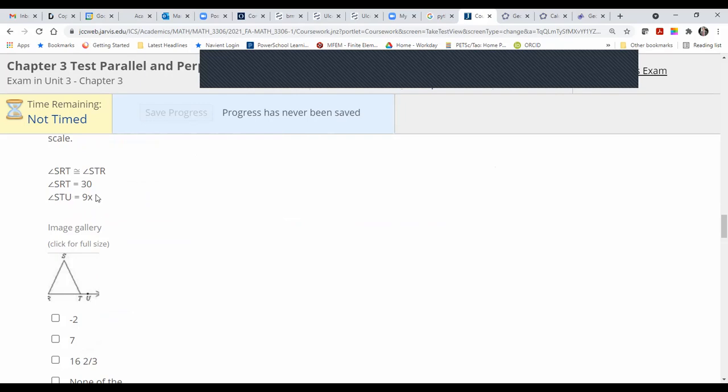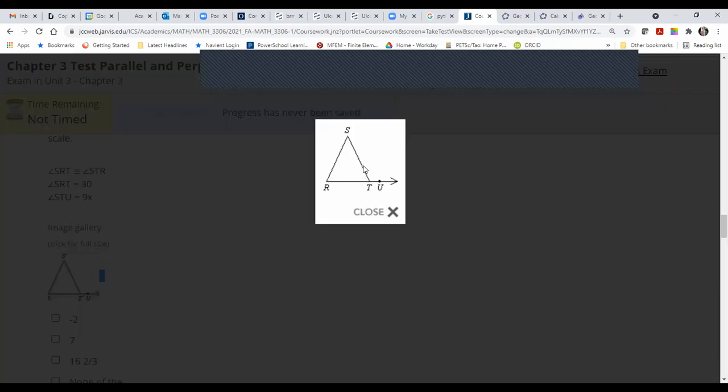And you need to find what is the x. And then when you find the x, you can multiply by 9. So you get the measure of this angle. Okay.